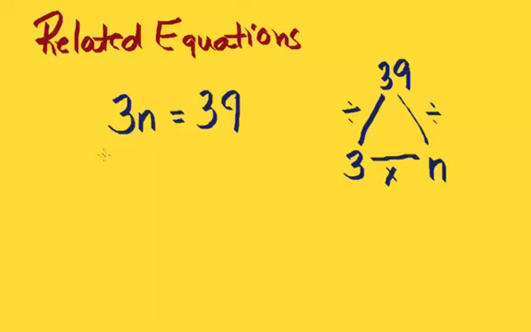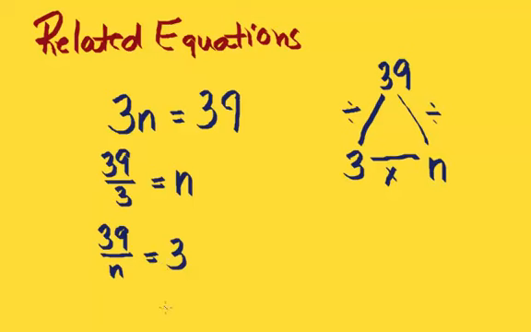So we can also say 39 divided by 3 gives us n. We could also say that 39 divided by n will give us 3. And you have your related equations. So the triangle works with both multiplication and division, as well as addition and subtraction.